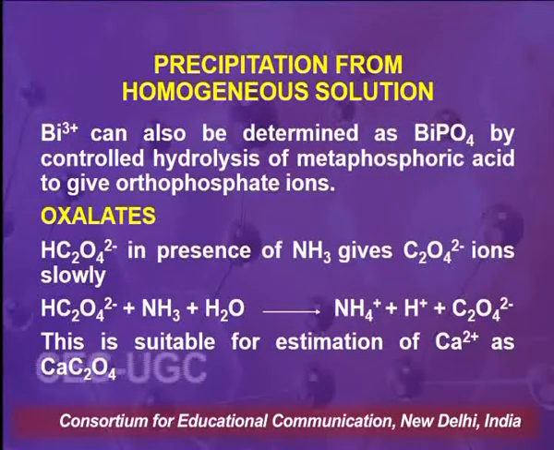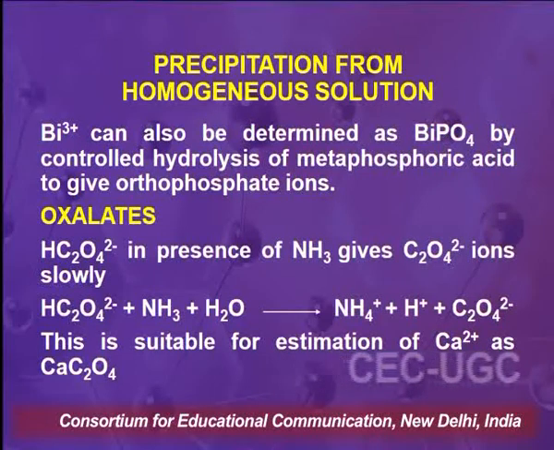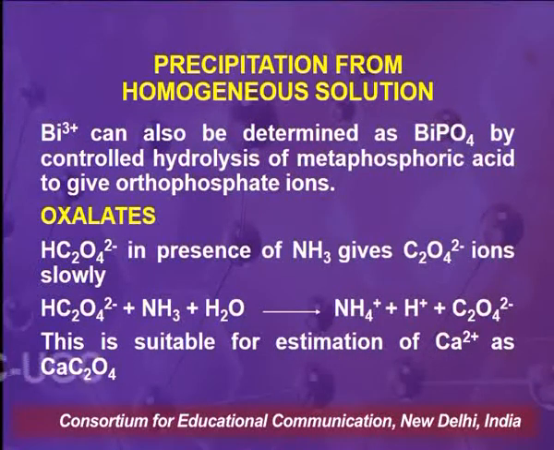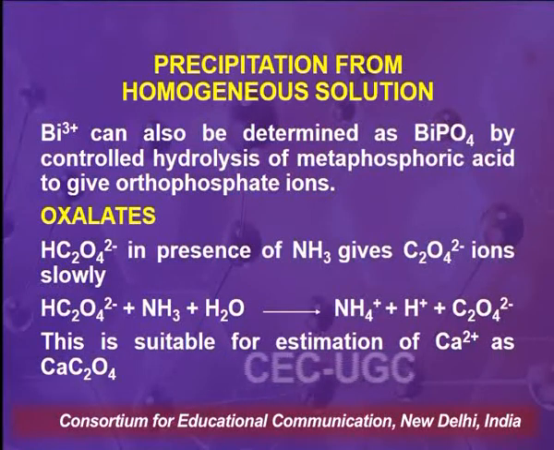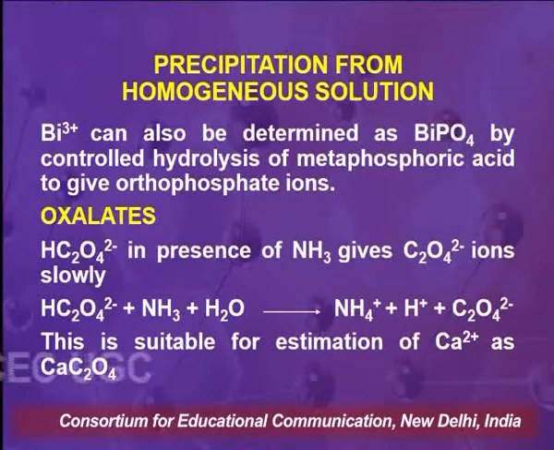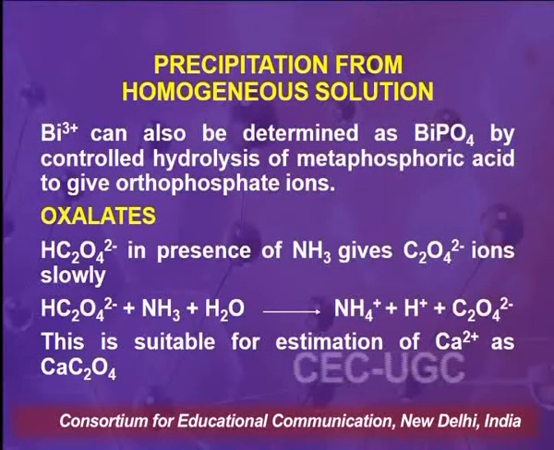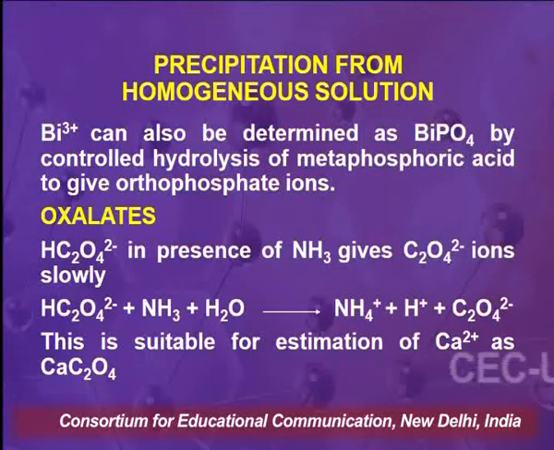To avoid that, this precipitation can be carried out in homogeneous solution, and in this case the oxalate ions are produced in a controlled environment, since the concentration of oxalate ions produced is equivalent to whatever amount is required for the precipitation of calcium as calcium oxalate.